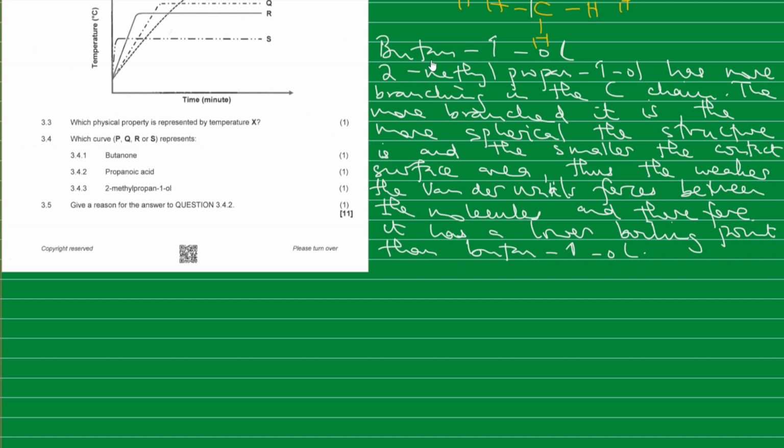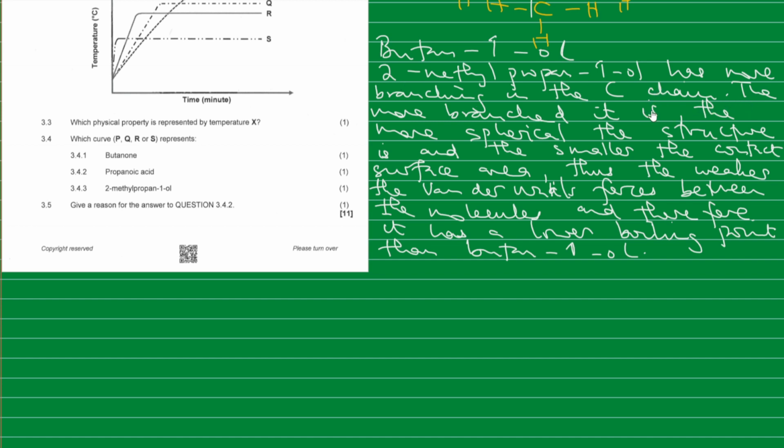Or you can say butan-1-ol has a higher boiling point. Why? Because there is no branching in the carbon chain. You are more or less writing the opposite of what is here. So there's more branching here, and here you have a straight chain.